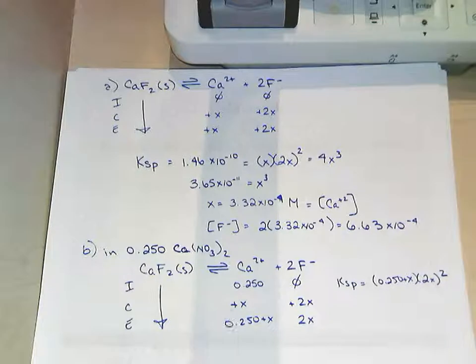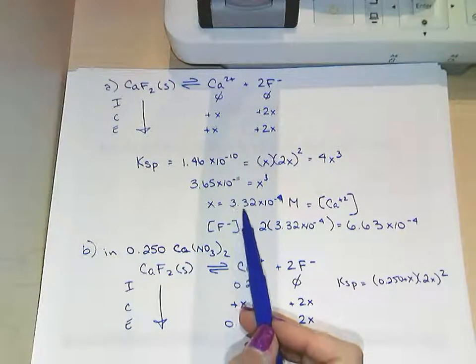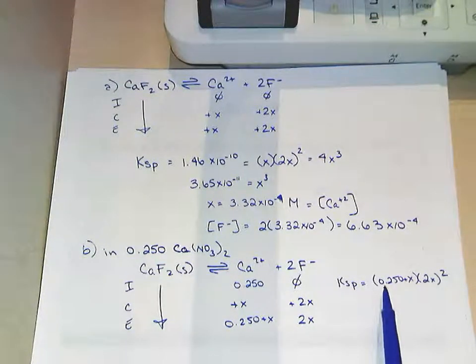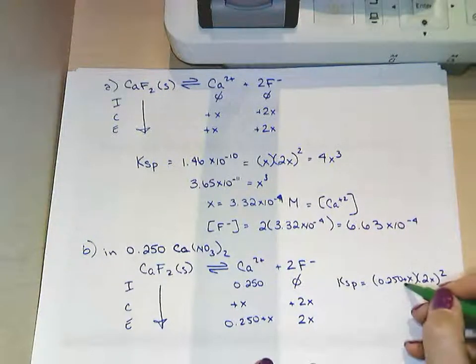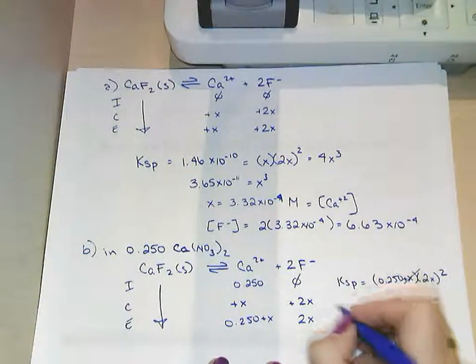All right, what's the approximation we can make at this point? Right, this small x is going to be very small compared to our 0.25, which we know is going to be in the ballpark of 3.3 times 10 to the negative fourth, which is 2 orders of magnitude smaller than this. So we know for sure, within reason, that this x is small, which makes our calculations easier.